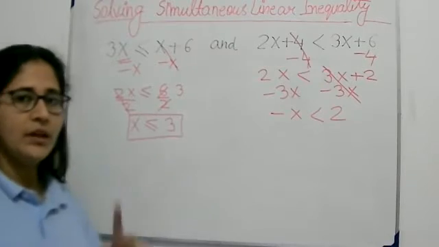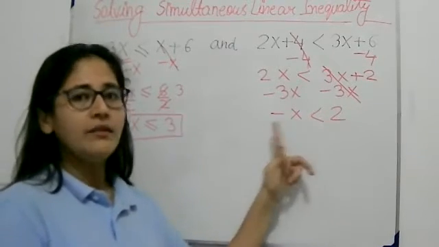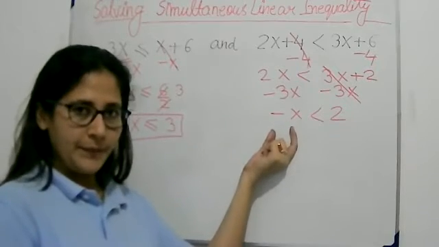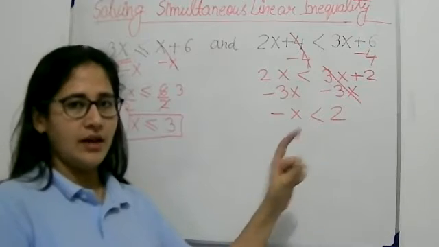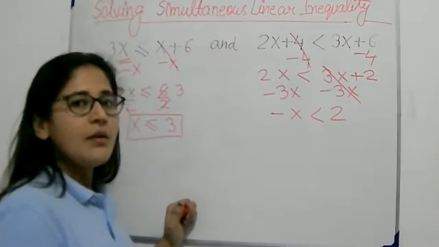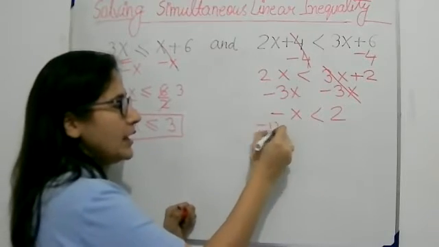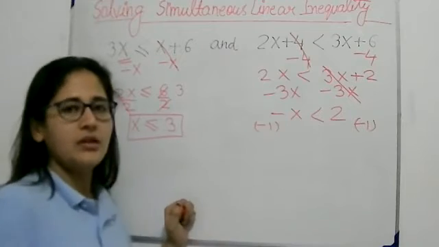Now remember, from linear inequality I told you, if we multiply or divide both sides by any negative number, then the sign will be reversed. We will use the reverse sign. See here, now this is minus x, negative x, and we want the value of positive x. Let's multiply both sides by minus 1 to change it into positive x.